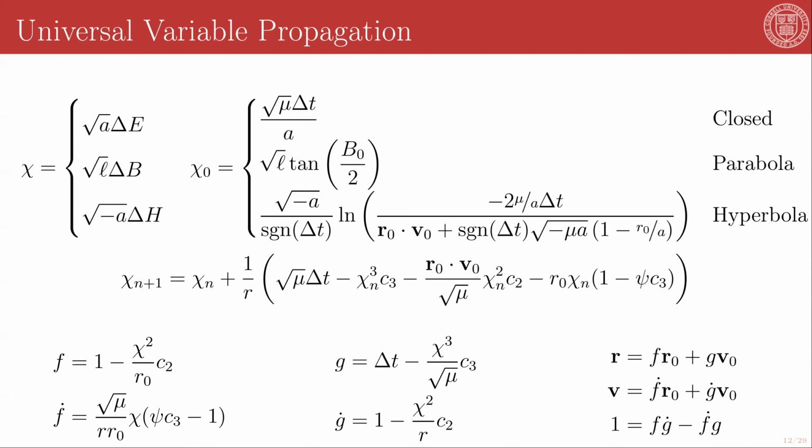We can also fairly simply convert back from chi into the various anomalies that are more geometrically intuitive. And so this is a really great option for propagating orbits. And this is something that we're going to be using later on when we look at the orbital boundary value problems.